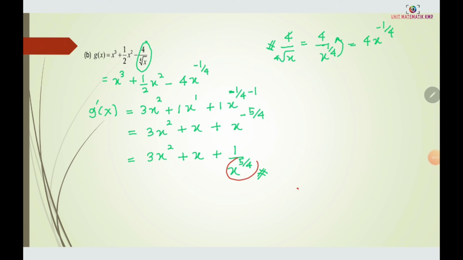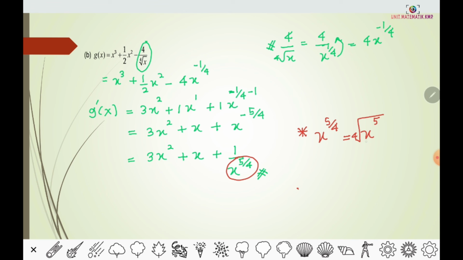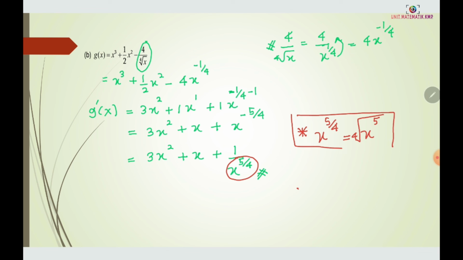Okay, in another way, if you don't want this type of power, you want to write down something that gives the same meaning, we can just write x power of 5, root of 4. This is the same thing. So you can write x power of 5 over 4 or the fourth root of x to the power of 5. Same, yeah? Okay.